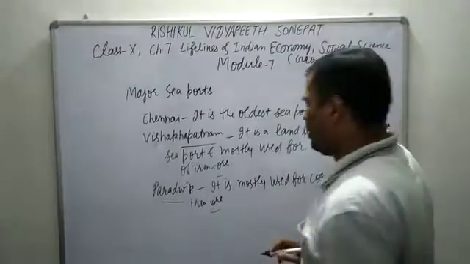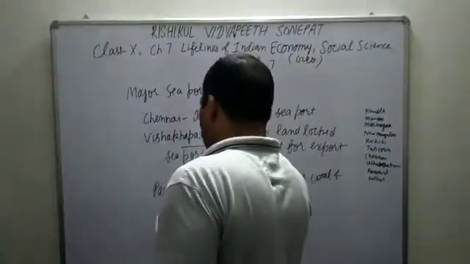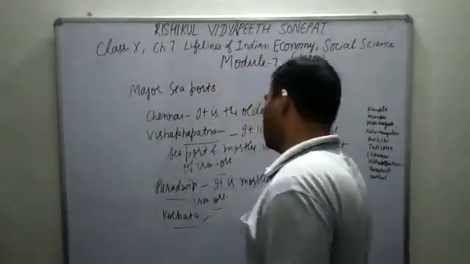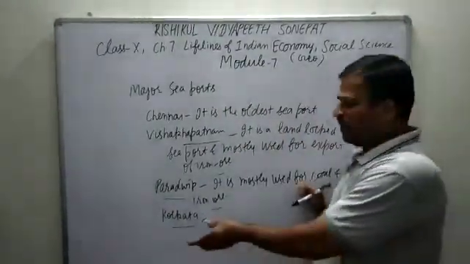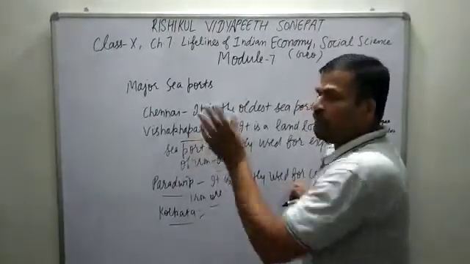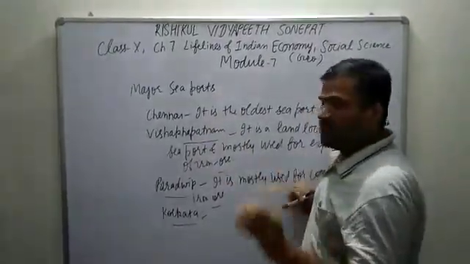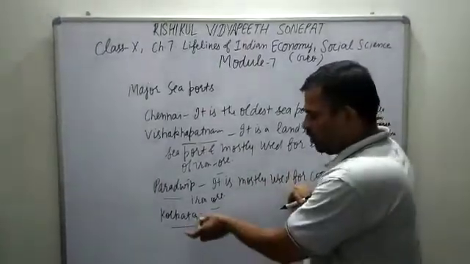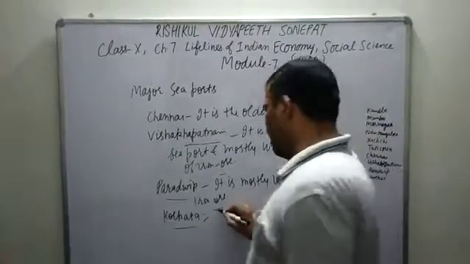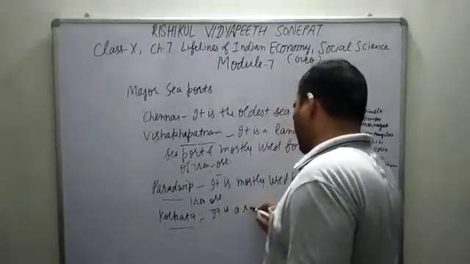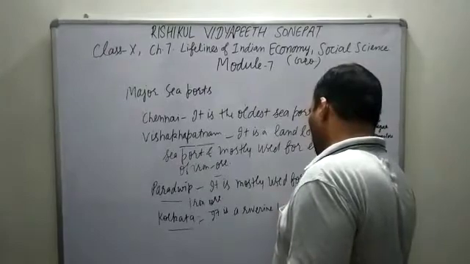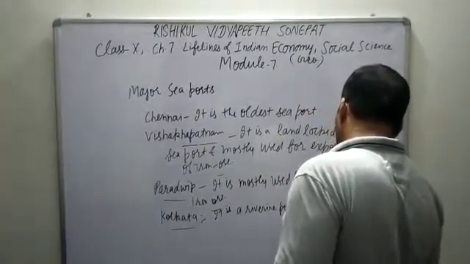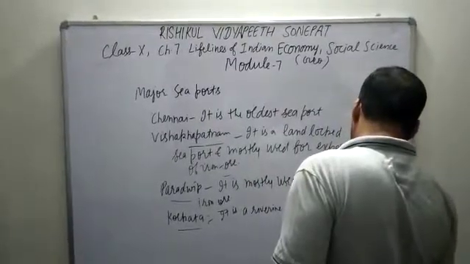Now the next one is Kolkata. It is also one of the oldest ones, as you know. When the Britishers were here, Kolkata, Chennai and Mumbai were the major seaports used by them. Kolkata is a riverine port and used for export and import.